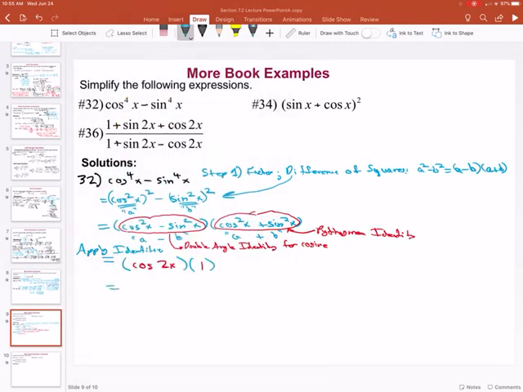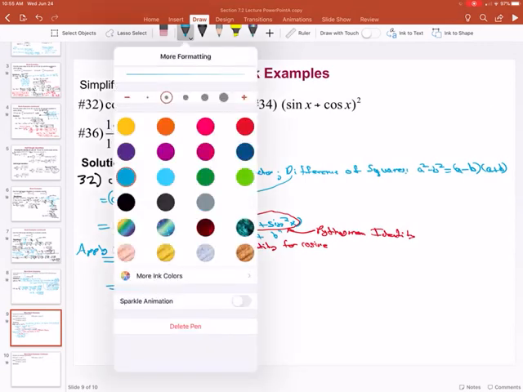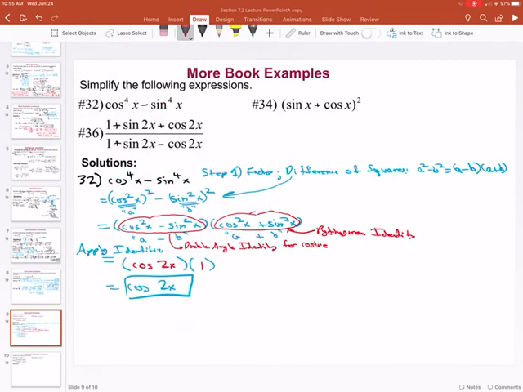So in the end, we've got the cosine of 2x, simplified nicely. We had a little factoring. After we factored, two identities to apply, the double angle and the Pythagorean. So we applied those two identities, 1, and again, cosine of 2x.